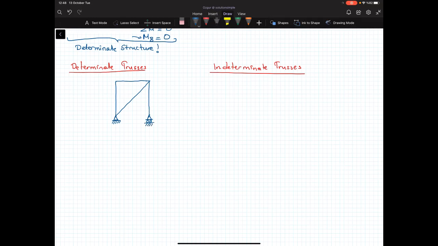So that's our first truss. Let me put this one here. This is the second truss that we can have. And let me draw one more truss here.